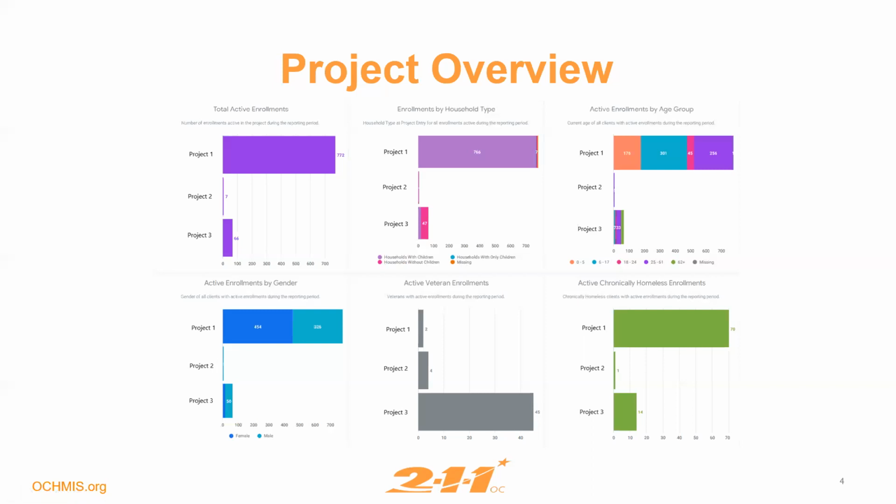So like I said, there's a lot more data, but I wanted to start with this group first and see if anyone has any feedback on these, if this looks good, or if there's any changes you want to make, or if there's any other data from a project level standpoint that would be helpful to include. We do have entry and exit information that I'll go over later, as well as some other issues, but just focusing on the project overview.